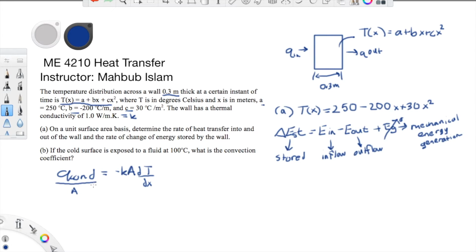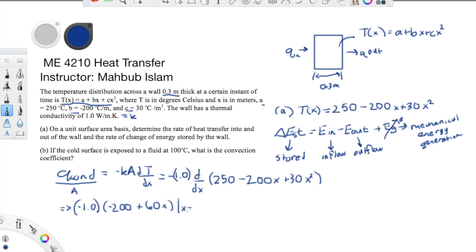So here, Q conduction or heat transfer rate, k is given as our thermal conductivity, and we must take the derivative of our T(x) function right here. So taking the derivative, we have negative 200 plus 60x.